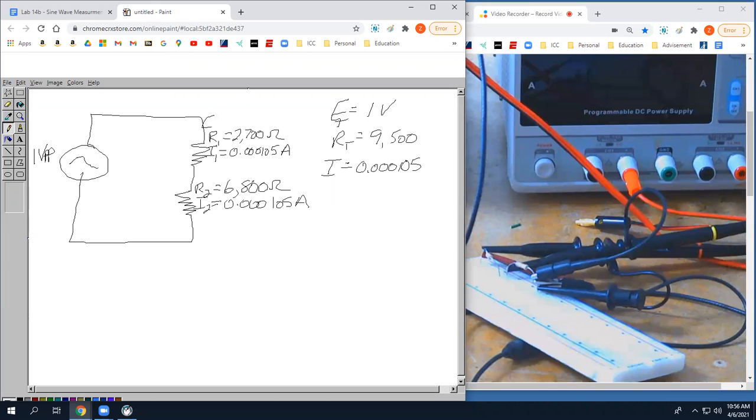So the voltage across R1, E equals I times R, right? Yeah. So we take these two and multiply each other. 2,700 times that number.